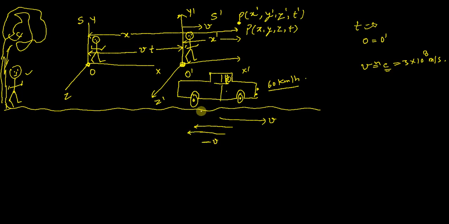So here one observer who is sitting in the train observes that plants are moving in the opposite direction, right? And the observer who is standing across the road observes that plants are stationary, they are not moving, right? So his observation is also true. And the child who is sitting in the train observed that plants are moving in the opposite direction, that observation is also true.